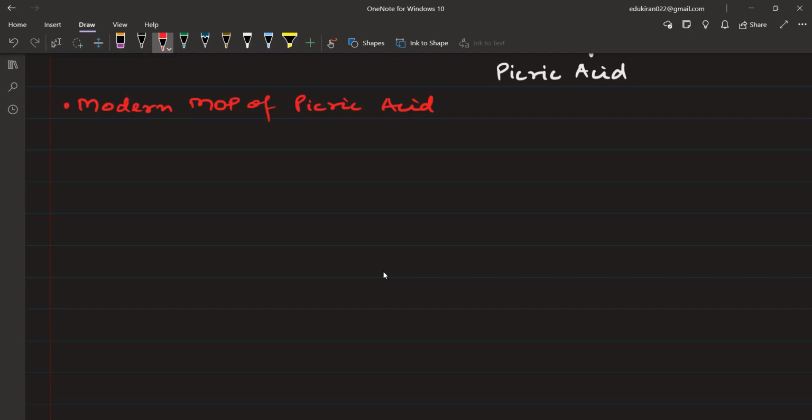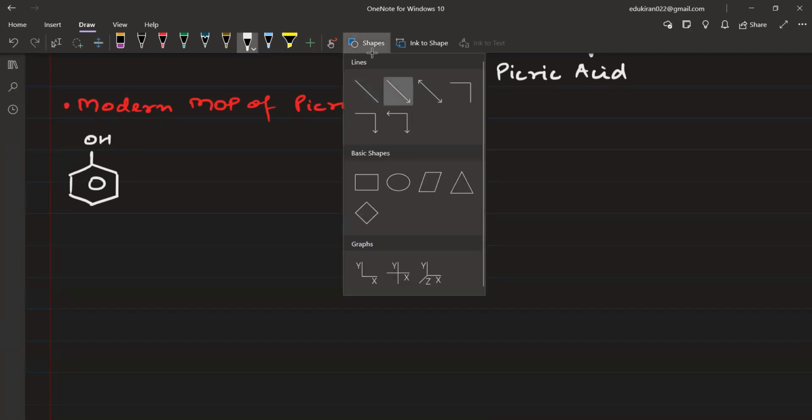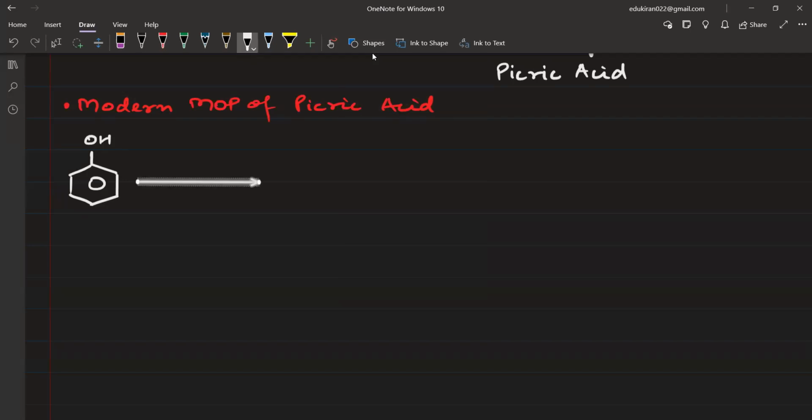So what is the modern method of preparing picric acid? First of all, we take phenol, and we do sulfonation of phenol. That means we react it with concentrated H2SO4. Then what are we going to get? We are going to get two products: ortho substituted sulfonic acid and para substituted sulfonic acid. So we make both products.